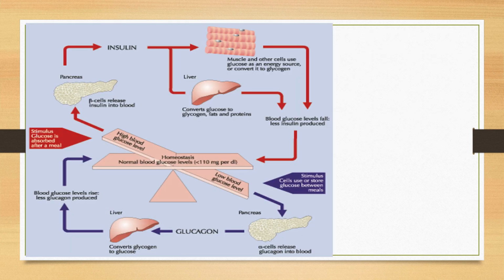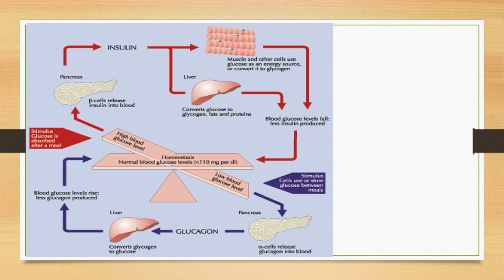How does insulin help whenever the blood glucose increases? Whenever you eat food, the food is broken down into nutrients and converted into glucose, which is released into the bloodstream, so the overall glucose level increases.